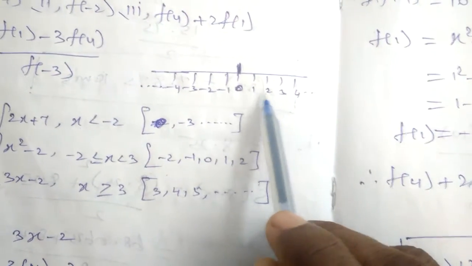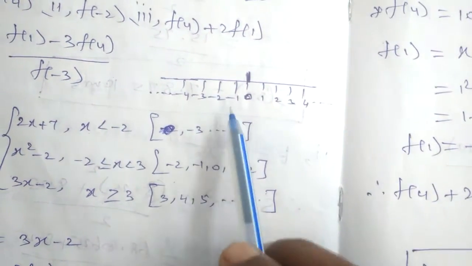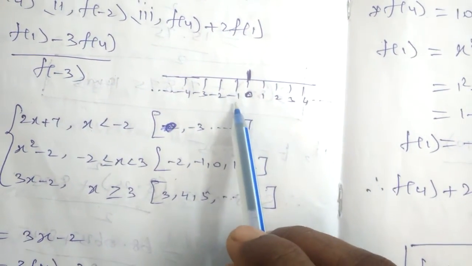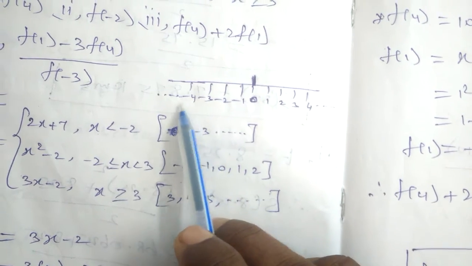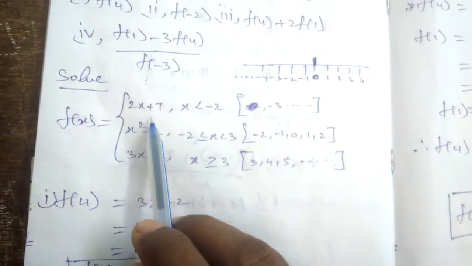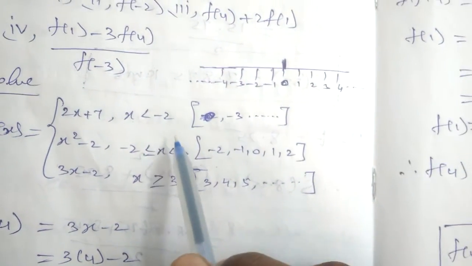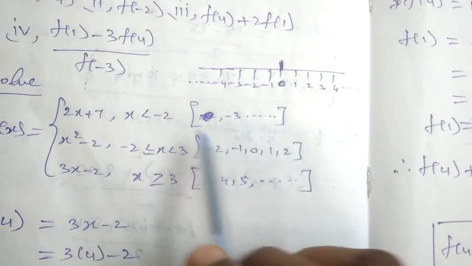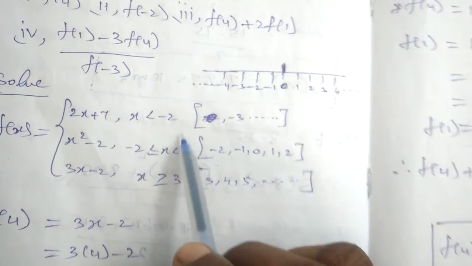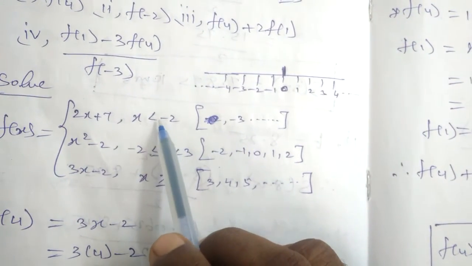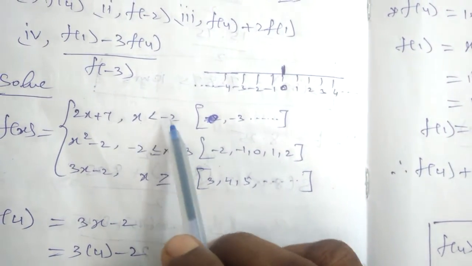Already we know the number line: 0, 1, 2, 3, 4, etc. Same on the left side: minus 1, minus 2, minus 3, minus 4, etc. That's all. Now solve f of x equal to the given. First we find the numbers in between in the conditions.